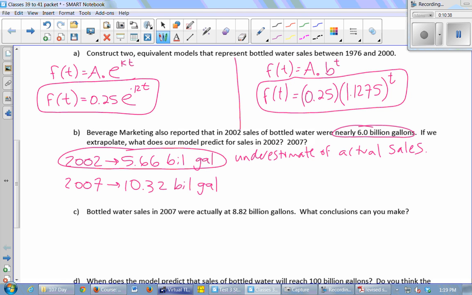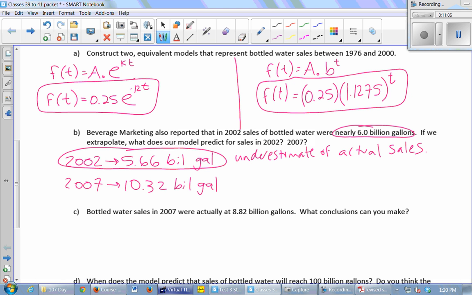If you work in the bottled water industry, you're like, great, we outpaced the predictions. But if you're the earth, you're like, oh, they're doing even worse than I thought they were going to do. Our model predicted 5.66 billion gallons, and we actually sold 6 billion, so we had an underestimate.